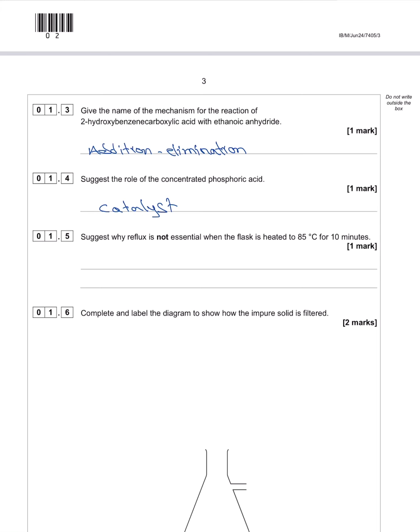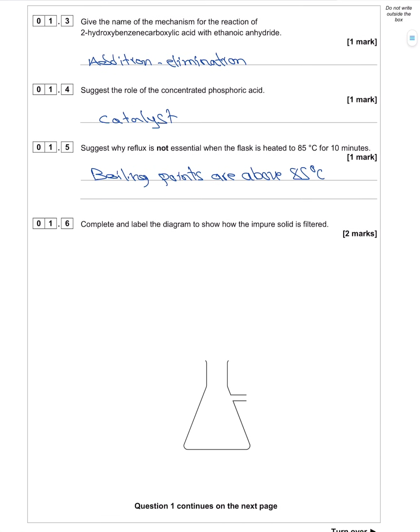But in this case, the boiling points of all of the products and reactants are above 85. So we don't need to do reflux. We are not scared of the evaporation of the different reactants and products, because boiling points are above 85.